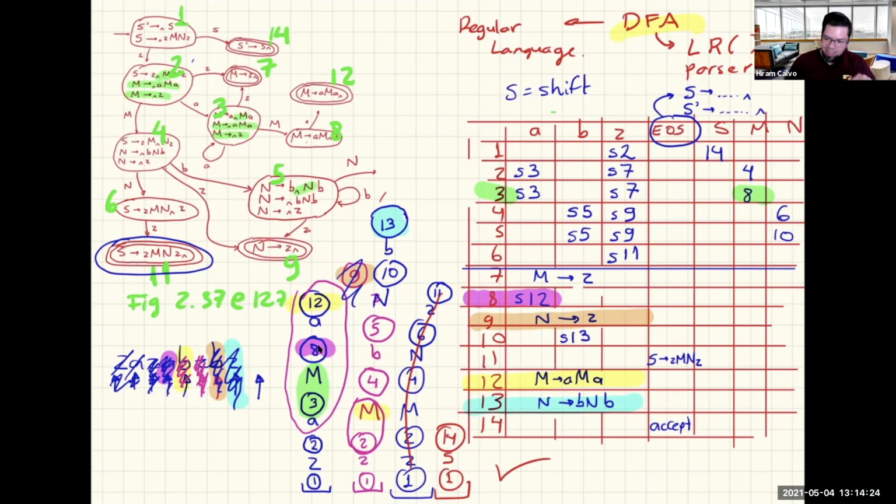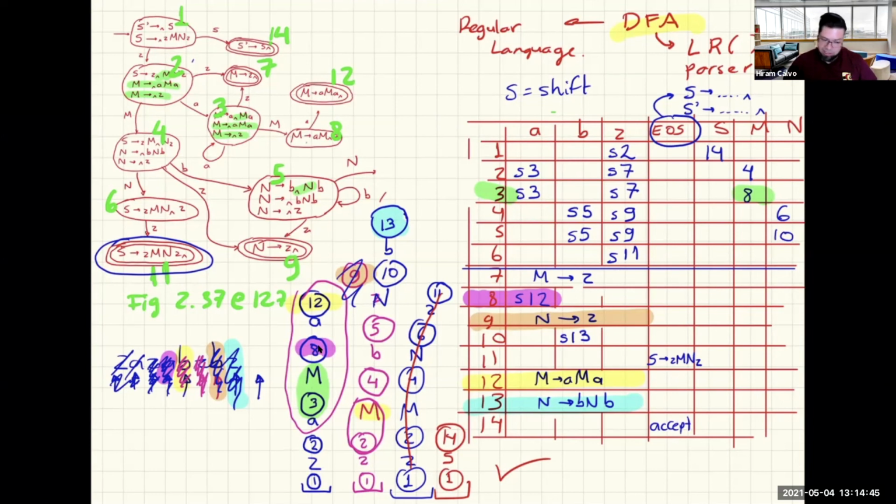Yes? So this is the important part, that by constructing these kinds of tables, you won't need to deal with ambiguity. This works very well as an LR parser.